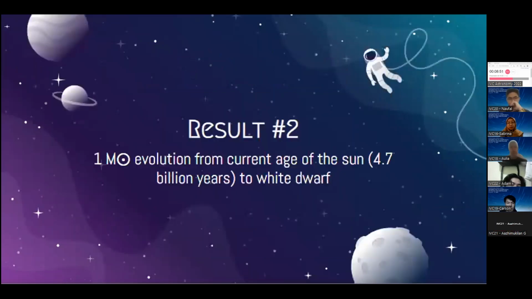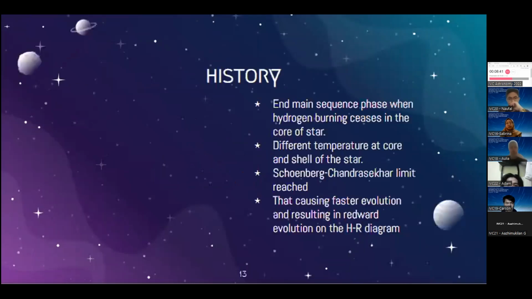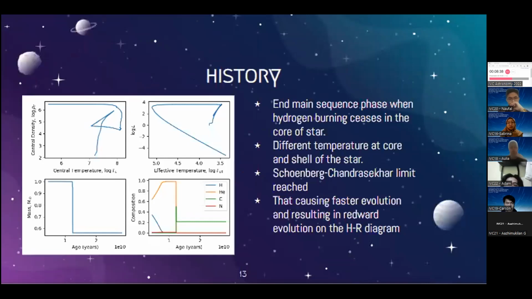Okay, for the result 2, it is 1 solar mass evolution from the current age of the Sun to white dwarf. As mentioned before, the end of the main sequence phase of evolution occurs when hydrogen burning ceases in the core of the star. The core begins to contract while a thick hydrogen burning shell continues to consume available fuel.